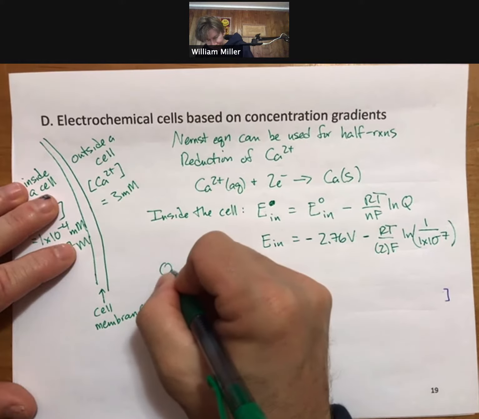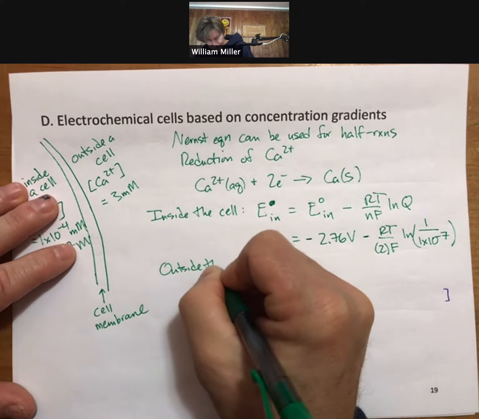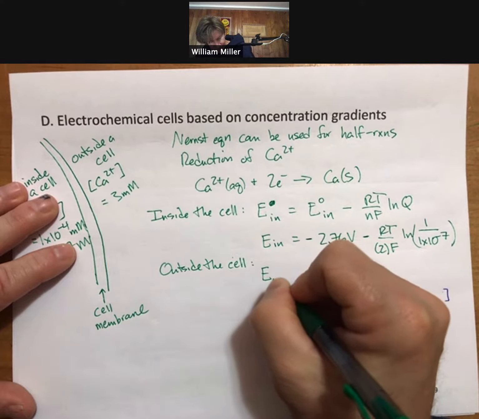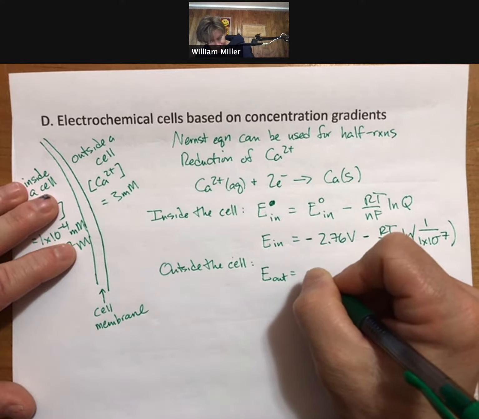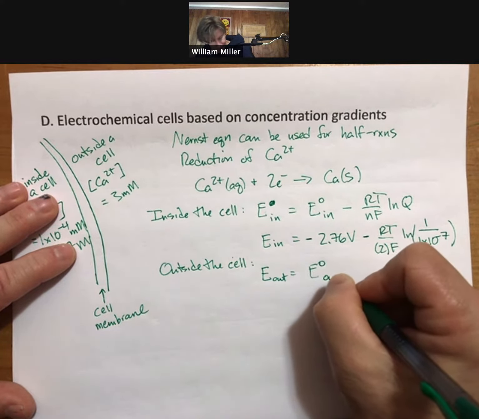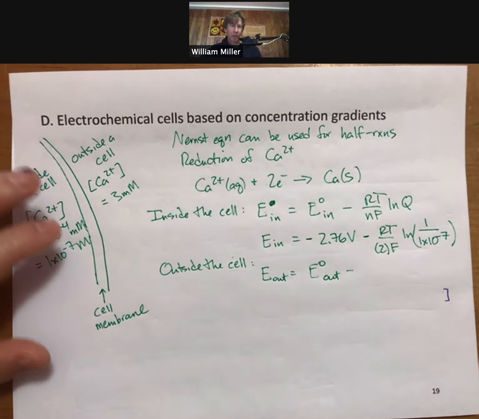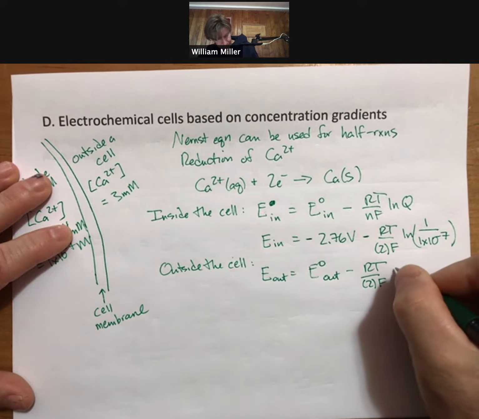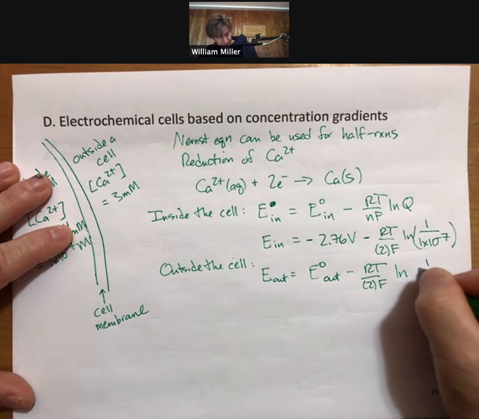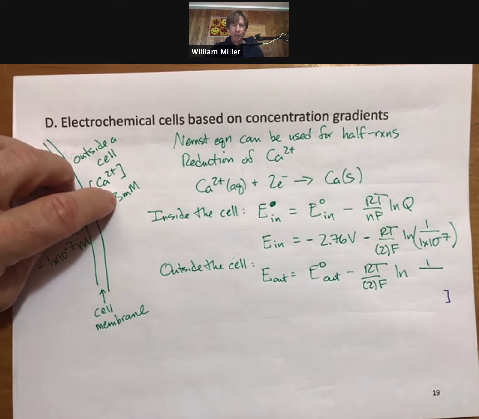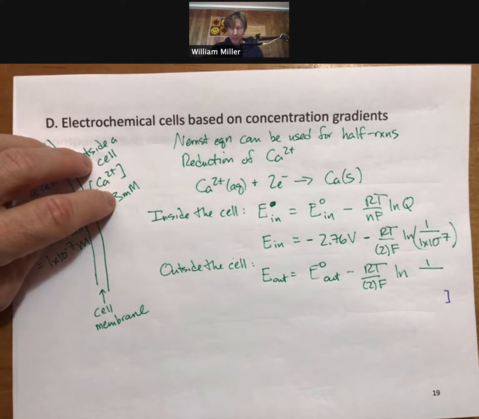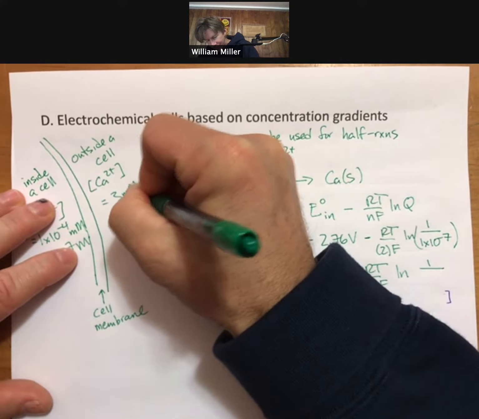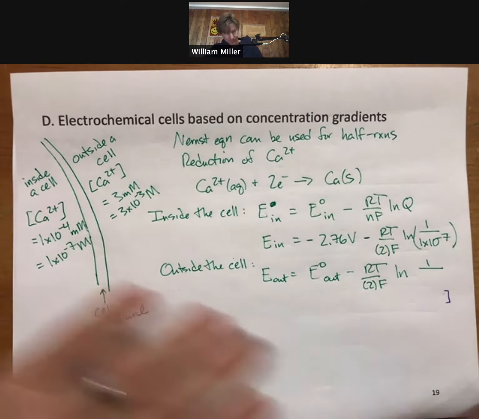Outside the cell, we can write the same equation. And now it's 3 millimolar, which is 3 times 10 to the minus 3 molarity.